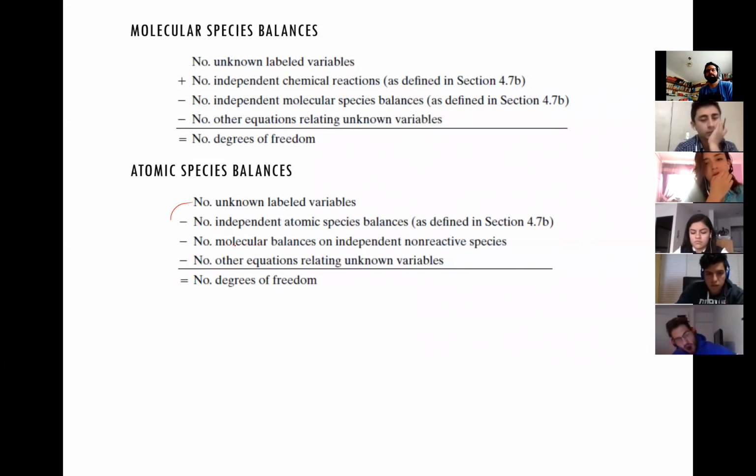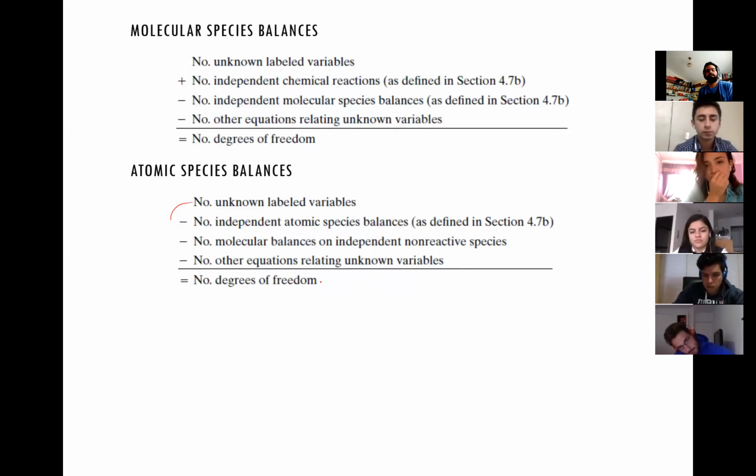If you remember, some problems that we did in class were about an inert gas, right? An inert gas doesn't react, so we could count it here, in non-reactive species. And then we subtract the number of other equations relating the unknown variables.